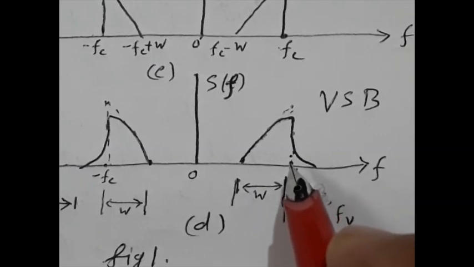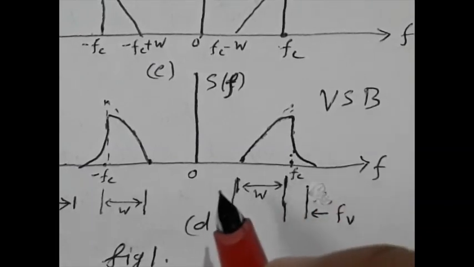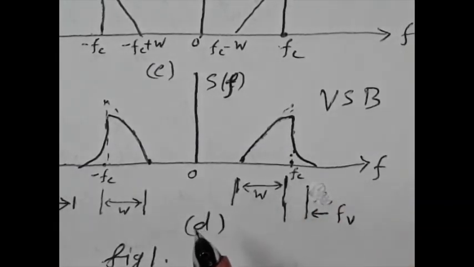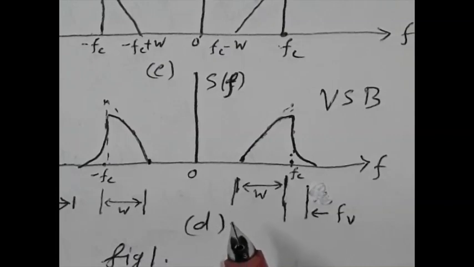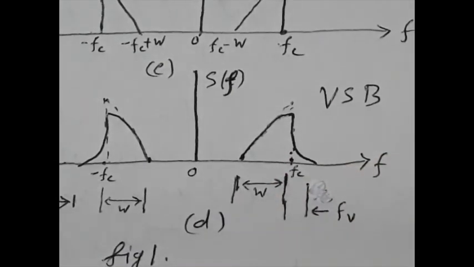But because of the presence of this pilot carrier, the receiver will derive its own locally generated carrier from that pilot carrier. So the synchronization problem will be over. So this is how the VSB signal is used commercially for television transmission.